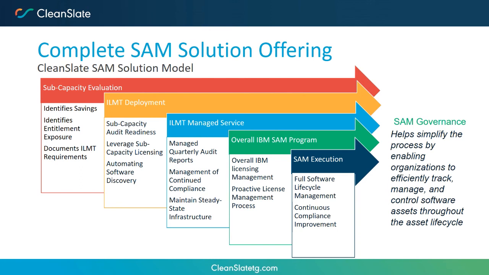Beyond that is your overall SAM program. Once you've established the subcap, gotten ILMT deployed, and are managing it ongoing, what else? You probably have other products within your IBM environment that are non-PVU, non-RVU, and not tracked by ILMT.